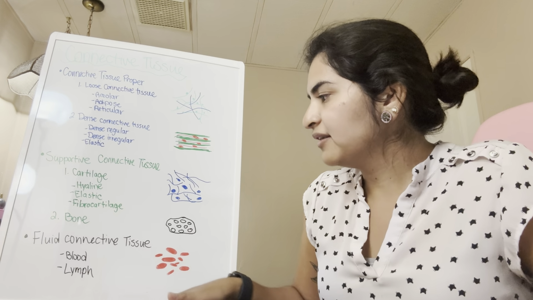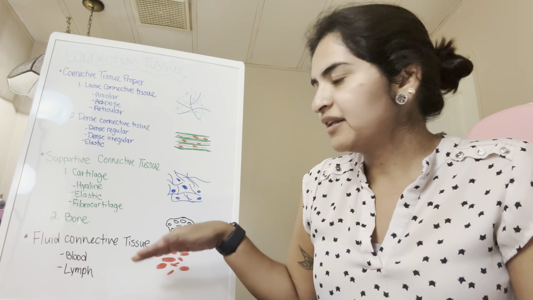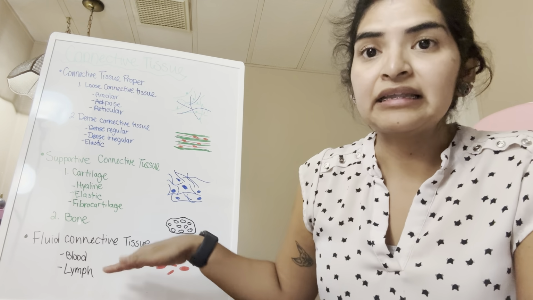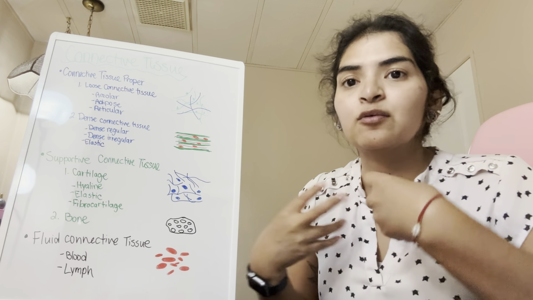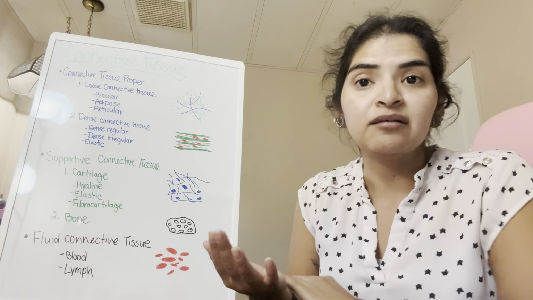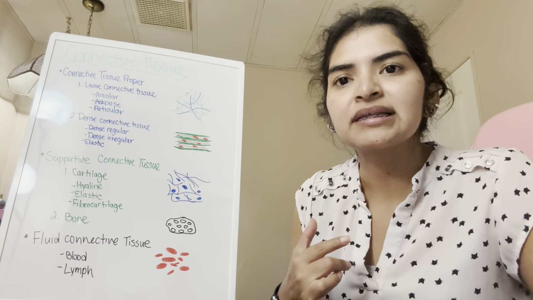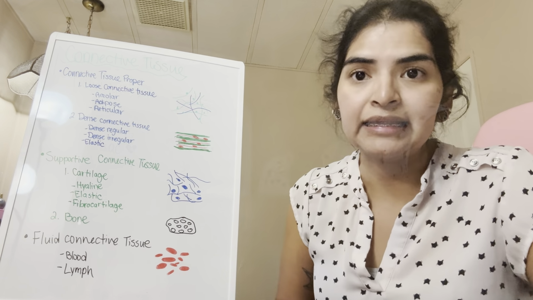And then the third connective tissue is the fluid connective tissue. Consists of blood and lymph, and with that one, it helps transport nutrients and waste, and it's inside the blood vessels, and they're like white blood cells, red blood cells, and platelets.